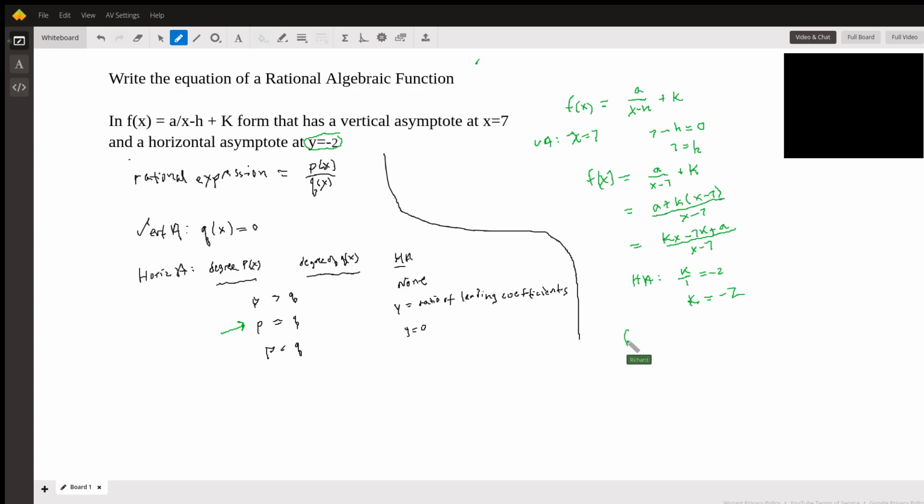So I'm going to rewrite f of x equals a over x minus 7 minus 2. And that will give us a rational expression where the vertical asymptote is at 7 and the horizontal asymptote is y equals -2.